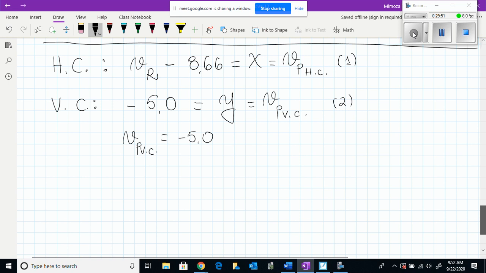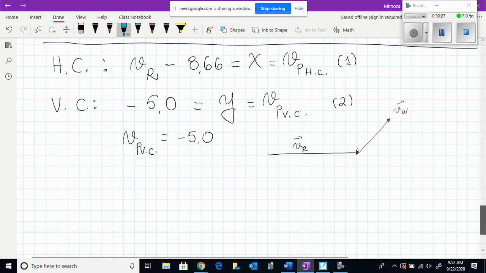Let's see what we have here in terms of the vectors. So we have the resultant velocity that is going east. If we were going to add the velocity of the wind, which was 10 kilometers per hour, 30 degrees north of east, this will be the velocity of the wind.